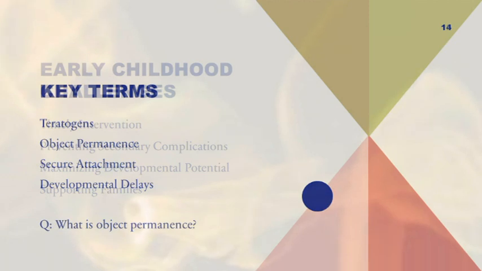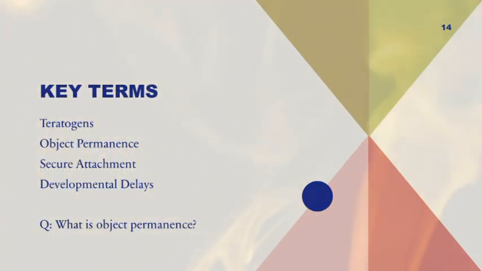So, as we come to the close of this particular session, I want to highlight a few key terms. First off, teratogens. What are teratogens? Those are substances or environmental factors that can interfere with normal fetal development and lead to congenital abnormalities or birth defects.